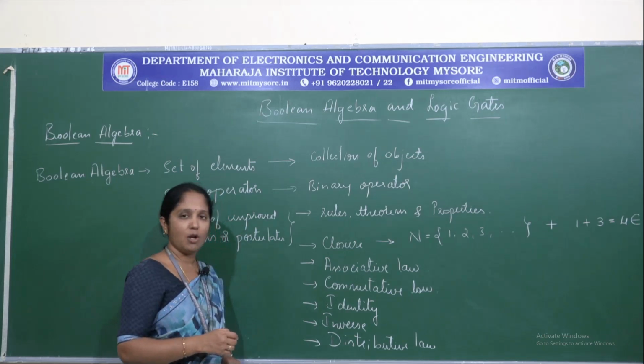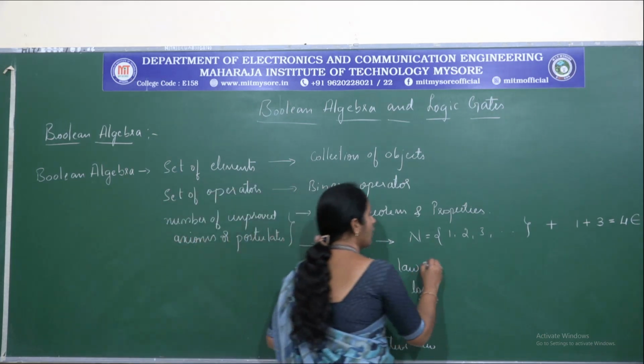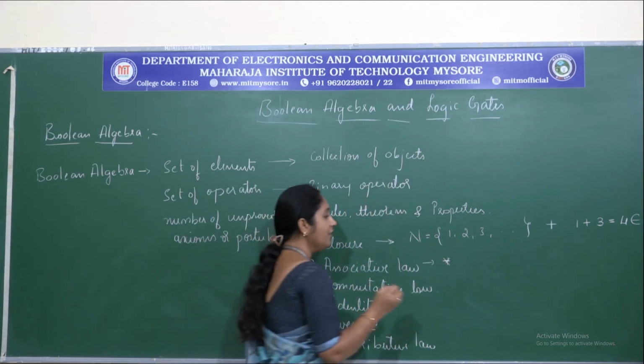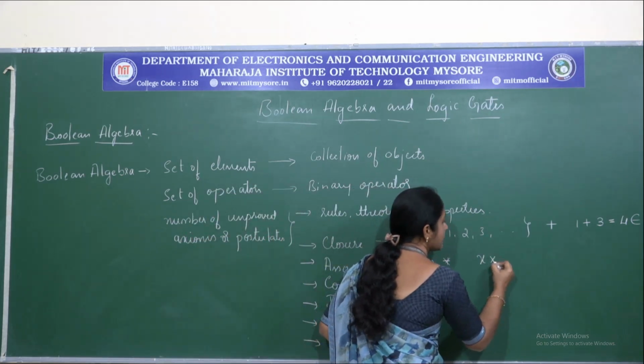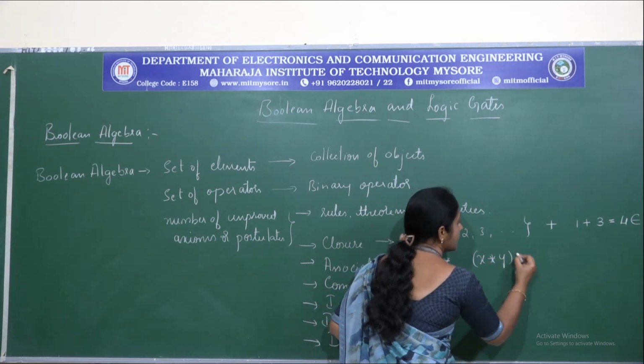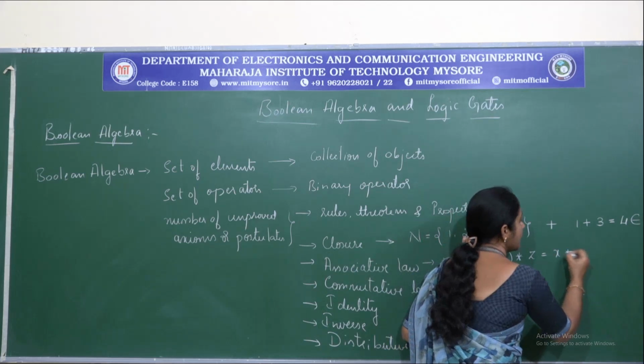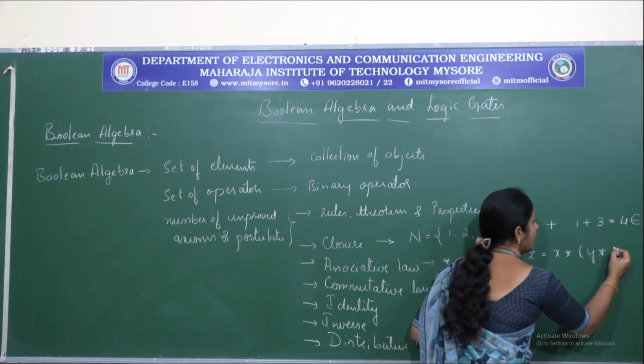Next is the associative law. The binary operator star is said to be associative on a set whenever we have (x star y) star z equal to x star (y star z).